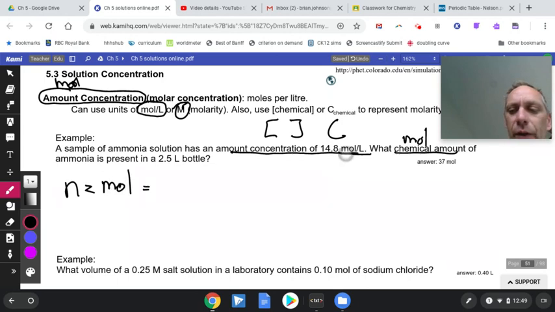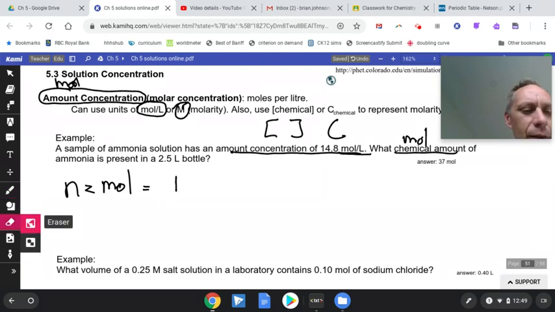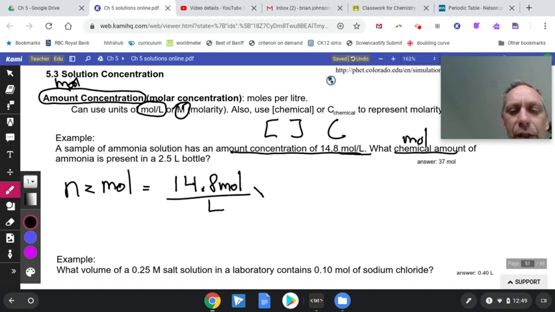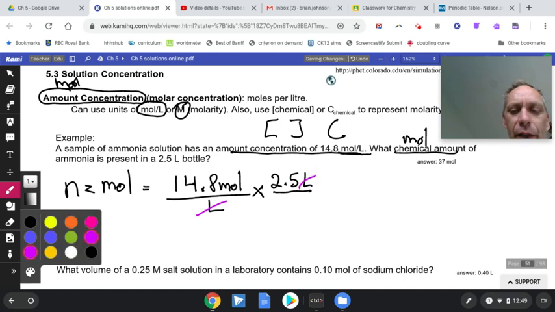So that's where I start, right there. 14.8 moles per liter is the concentration of ammonia, and I just want moles. I have to get rid of liters. So where do I put liters? On top. Liters cancel out. We get our final answer, and that is 37 even. Okay. 2 sig digs.